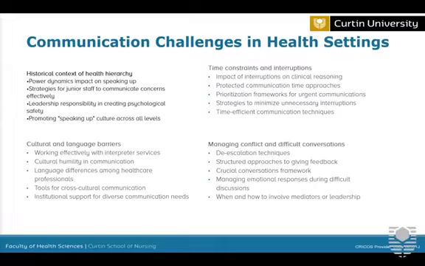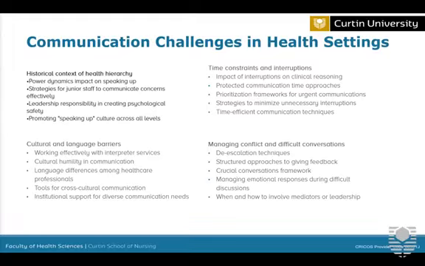In semesters 2, 3 and 4, you're going to learn about managing conflict and difficult conversations, so you're going to learn about de-escalation techniques and structured approaches to giving feedback. You'll learn about giving feedback to each other in assessments and working together clinically, but you will escalate that in relation to patient care in semesters 2, 3 and 4, crucial conversations.